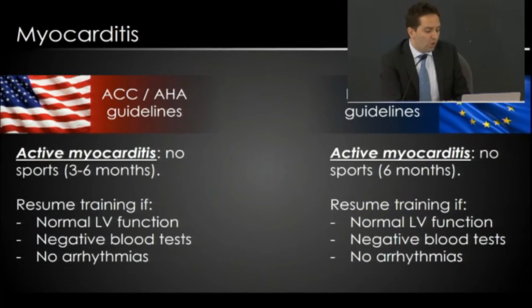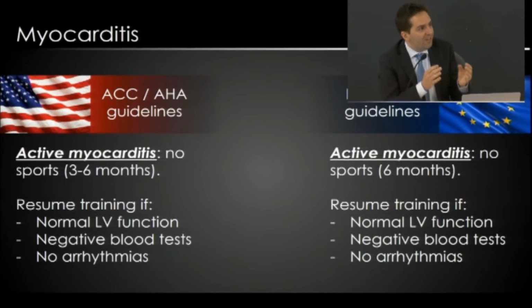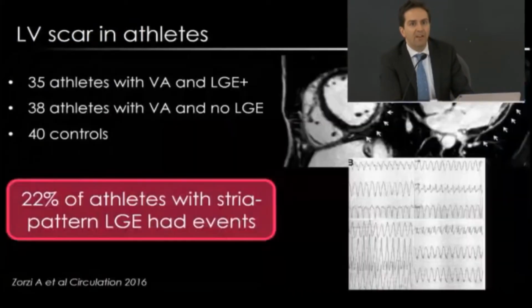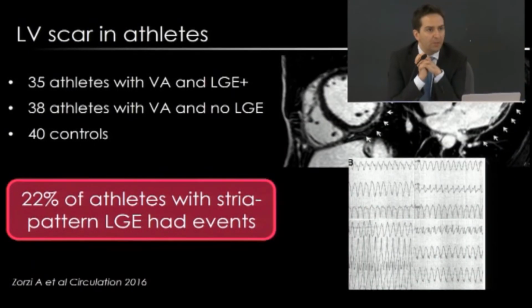And what we usually recommend is that if there are small areas of late gadolinium enhancement but not associated with arrhythmias, you can consider maybe sport activity. But if you have bigger areas of late gadolinium enhancement and you also have arrhythmias, you should stop the athlete.